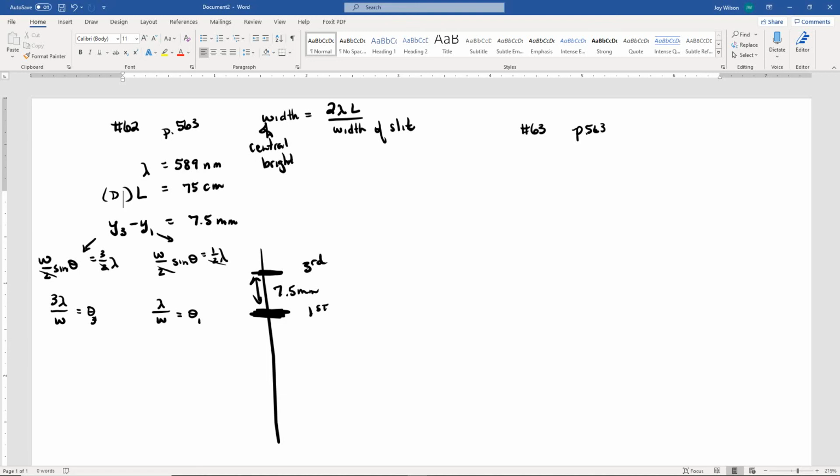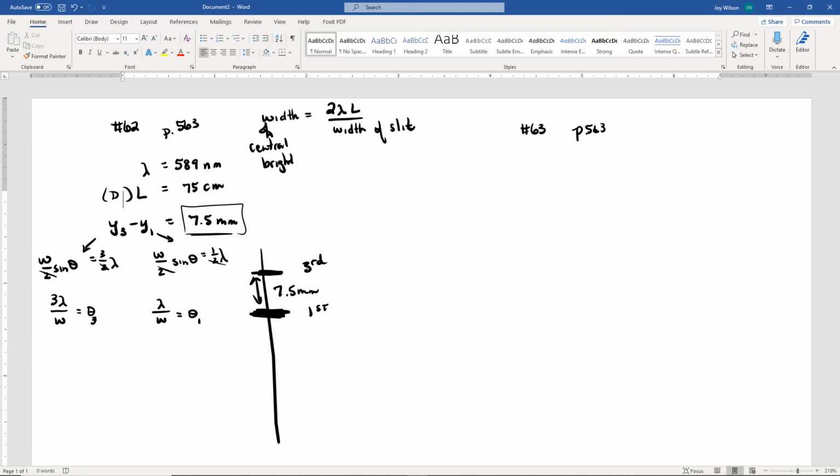Well, that doesn't feel like it's terribly helpful because I don't know either angle, right? So let's back the train up a little bit. These angles, I don't know. But it's okay because I don't really need to know those. What I really need to know is the fact that they're this far apart.